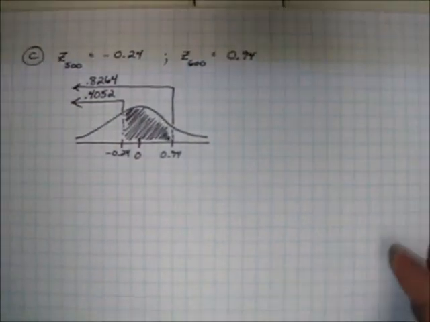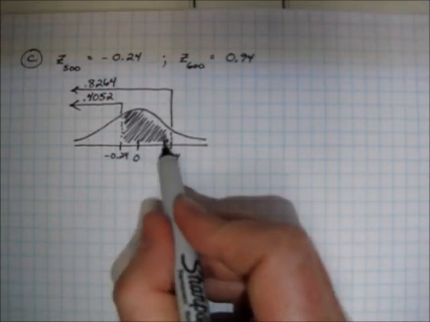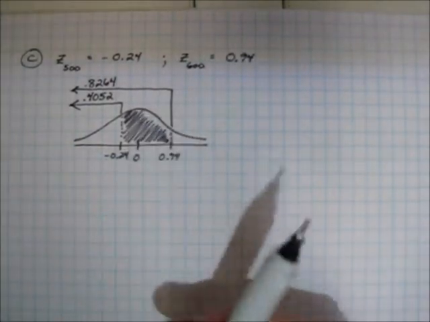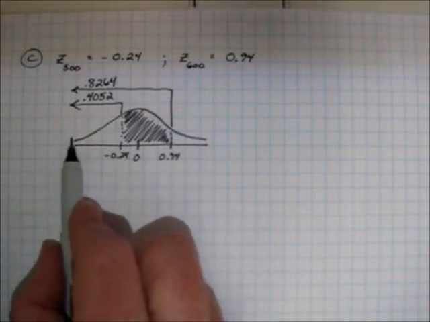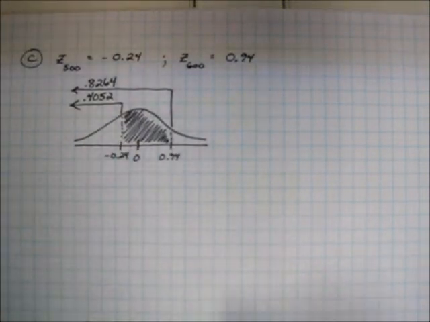So if what I care about is the amount of area in between these two, basically I need the difference between the 0.4052 and the 0.8264.